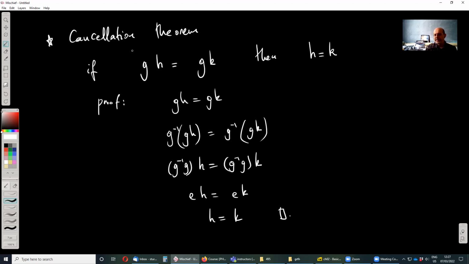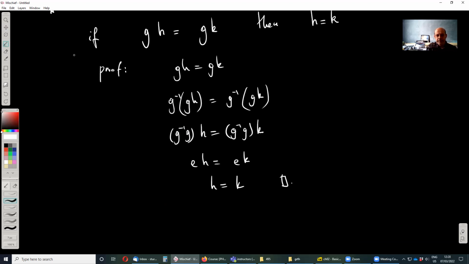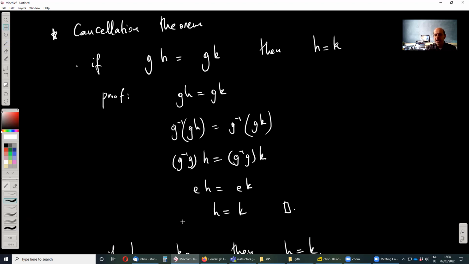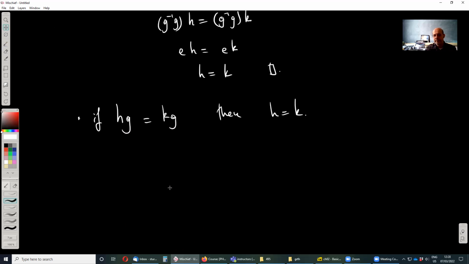It's just a statement that assures us that we can do this without any problems, okay? So if in an equation of group operations, the same element appears on the left-hand side, then we can cancel them. And similarly, for the right-hand side as well. So if Hg is equal to Kg, then H is equal to K. Okay, so I just call this the cancellation theorem.